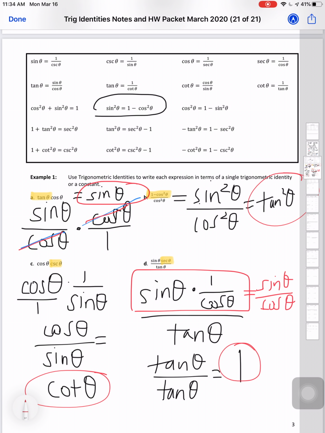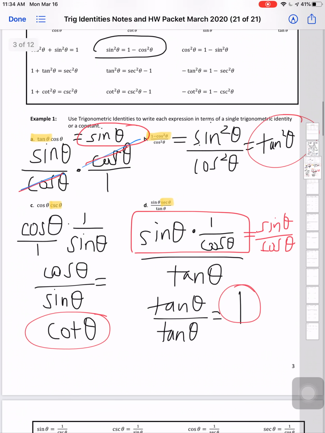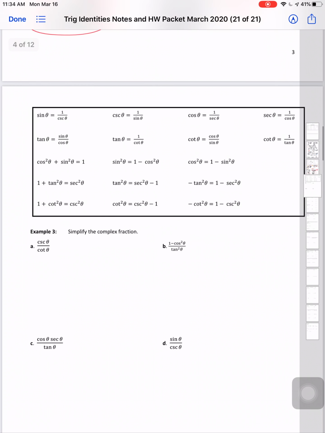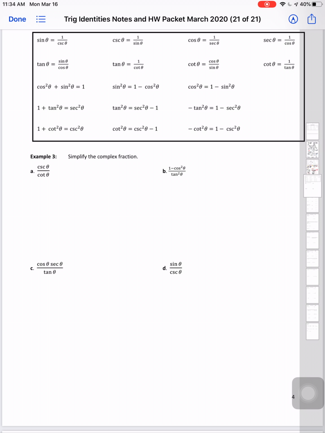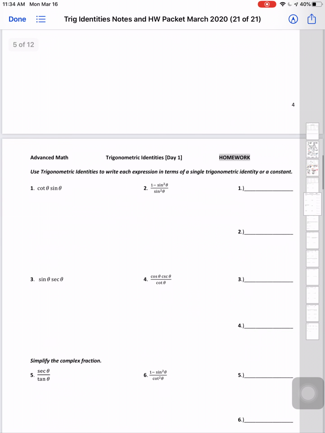So what you're going to find is that you're going to have to do a little bit of work to make these simplify and move into what you want them to. There's a few more practice ones here, and this is what your assignment is going to be tonight. I would like for you to just finish these 4, and then I'm going to come back tomorrow and do another video that's going to have you do a bit more complex questions. I'm just going to give you a glimpse.